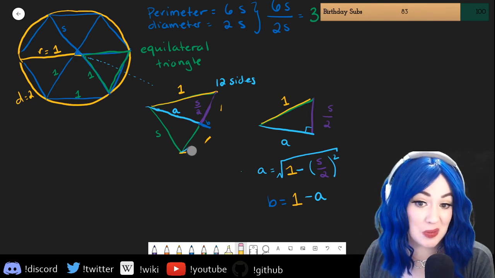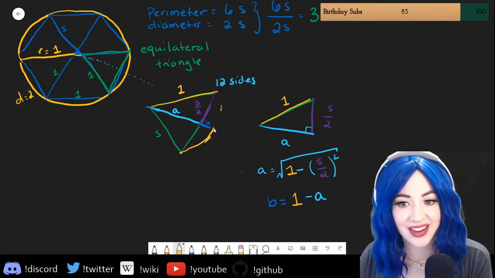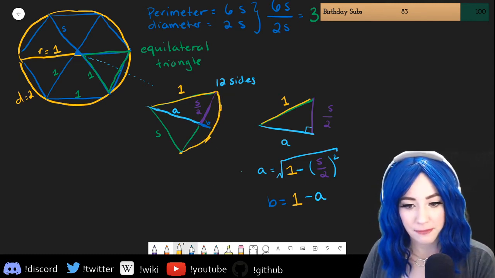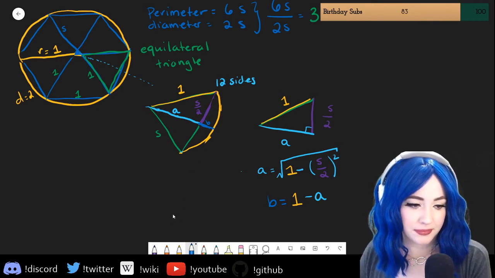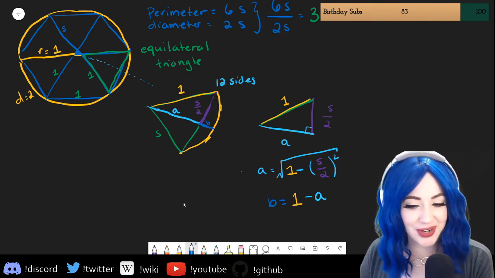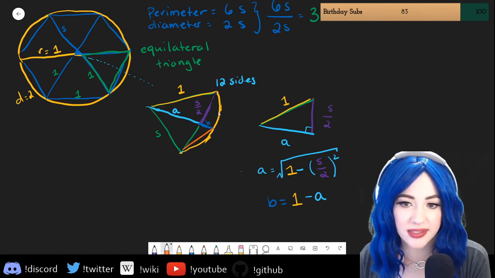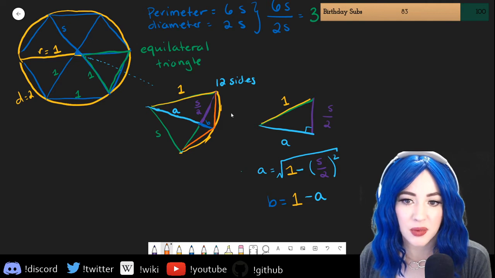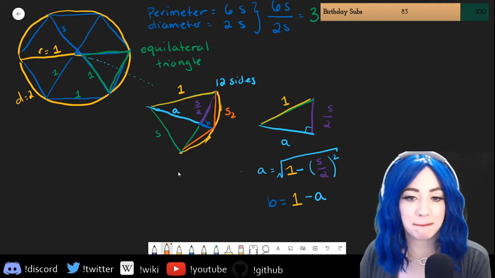My picture on my notepad is in black and white, so I'm deciding some of these colors on the fly. I agree, Luke. So our new side, we're going to call S2.